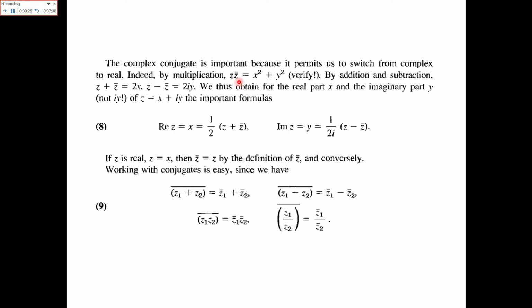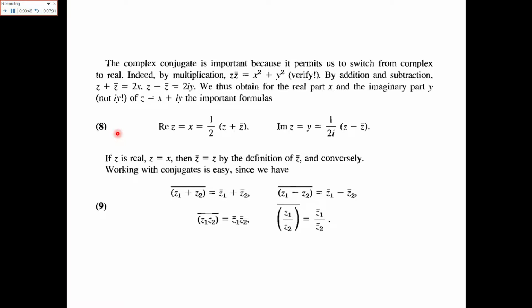And by addition and subtraction, when you add them you will have a real part, and when you subtract them you will have only an imaginary part. Thus, we obtain for all the real parts x and the imaginary parts y, not iota y.